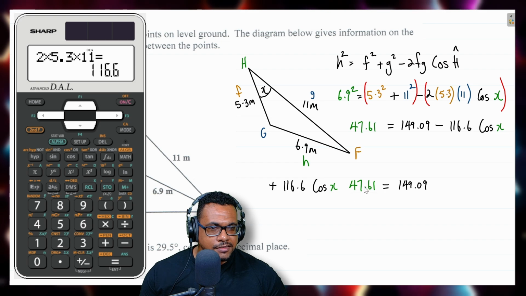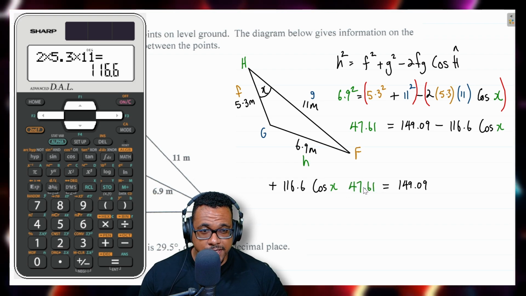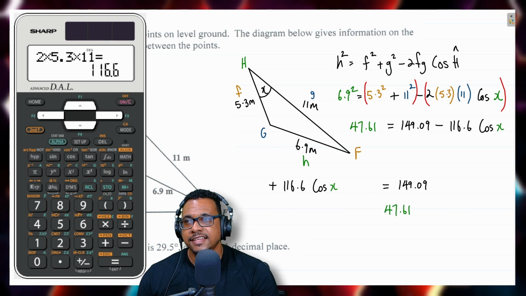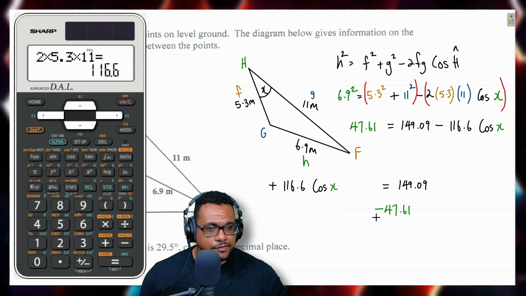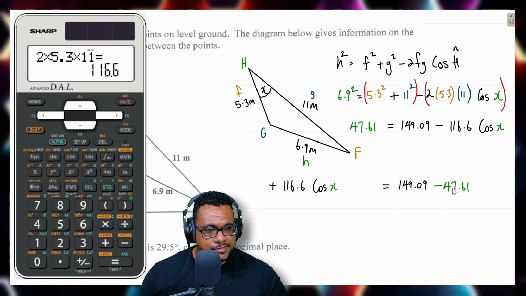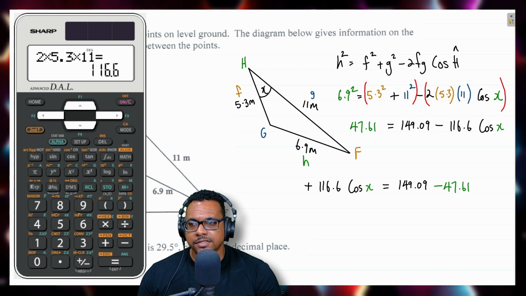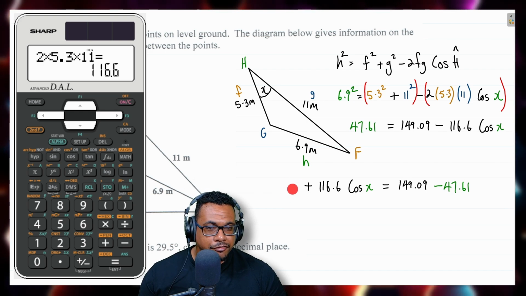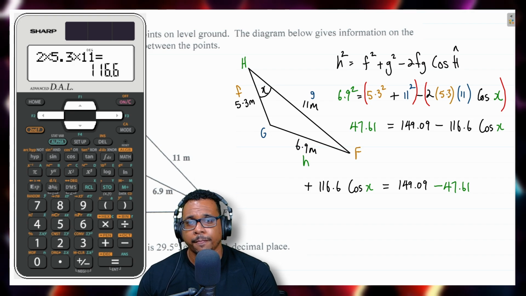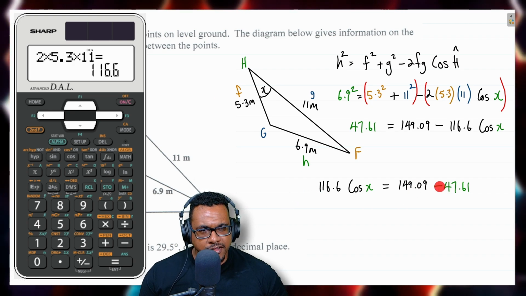And this positive 47.61, when I transfer it across the equal sign, is going to change to negative 47.61. Now, seeing that there's nothing in front of this 116.6, I can remove the positive sign. So now I can simply subtract these two numbers.